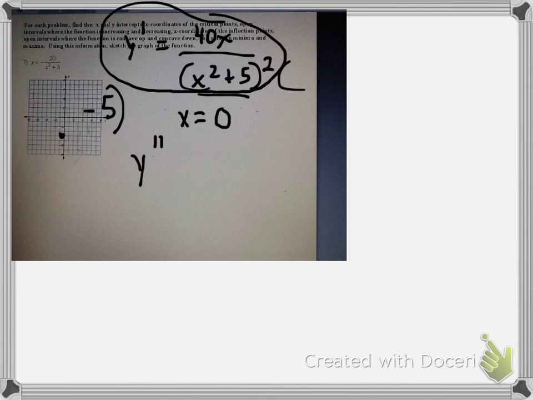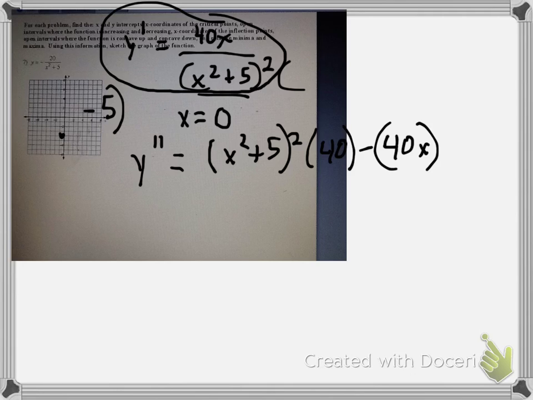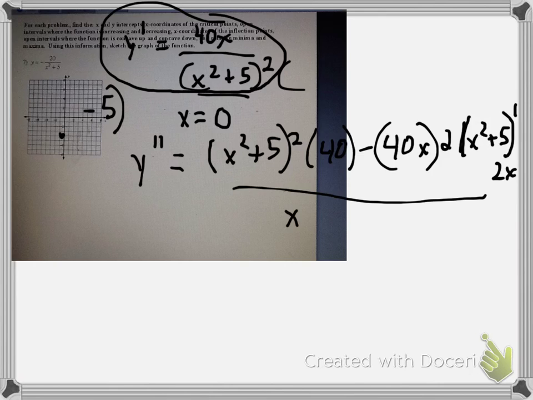So y double prime equals v u prime minus u v prime. That is a chain rule, so 2 times x squared plus 5 to the first times 2x, all over v squared.